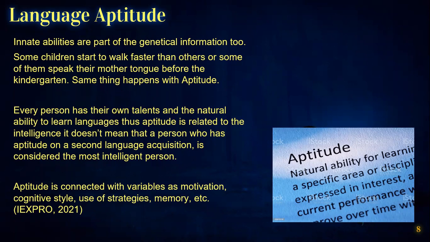Every person has their own talents and natural ability to learn languages, thus aptitude is related to intelligence. It doesn't mean that a person who has aptitude in second language acquisition is considered the most intelligent person. Aptitude is connected with variables such as motivation, cognitive style, use of strategies, memory, etc.